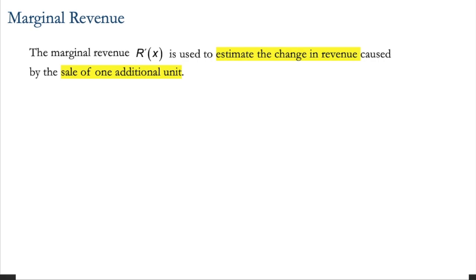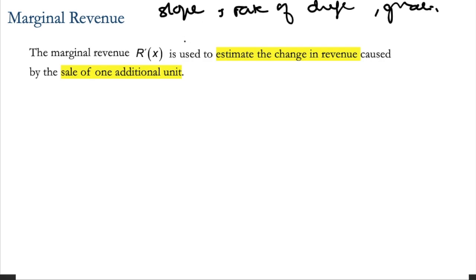There is another application for this calculation. When we talk about slope or the rate of change or gradient, if you have this function, let's say y equivalent to f(x), and then you find the derivative.